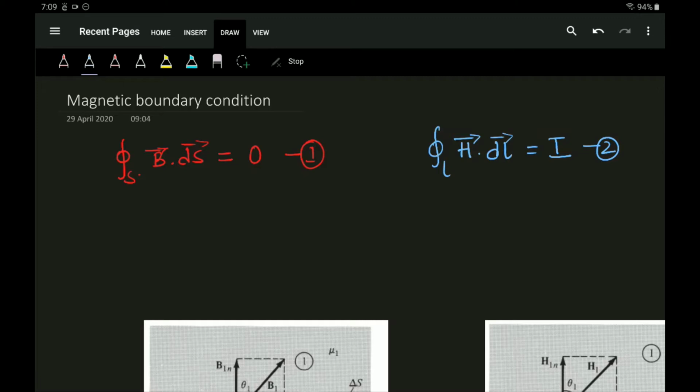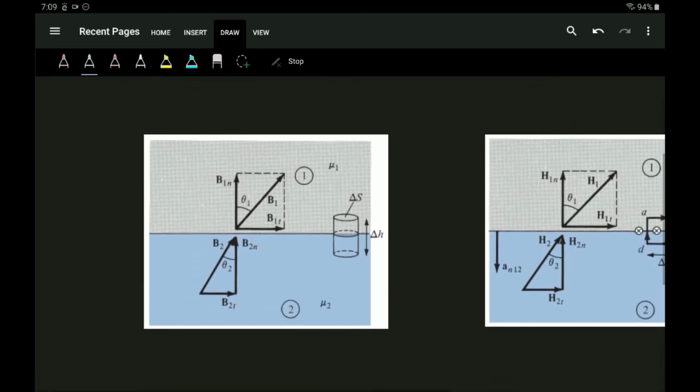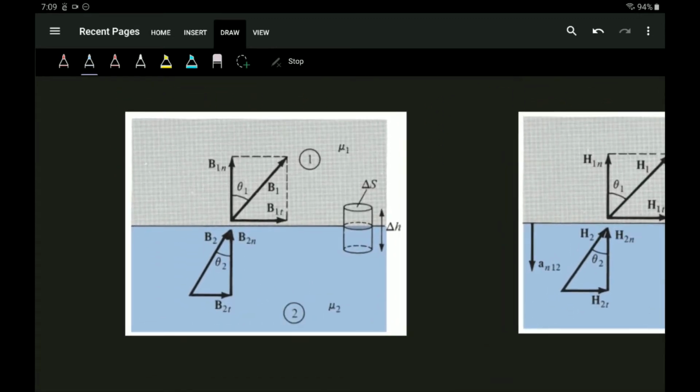These are the two basis equations on which we usually define the whole boundary conditions. Let us consider a boundary between two magnetic mediums. Here I have medium 1 and medium 2. The two mediums are separated, and they have their own respective permeabilities, mu1 and mu2.